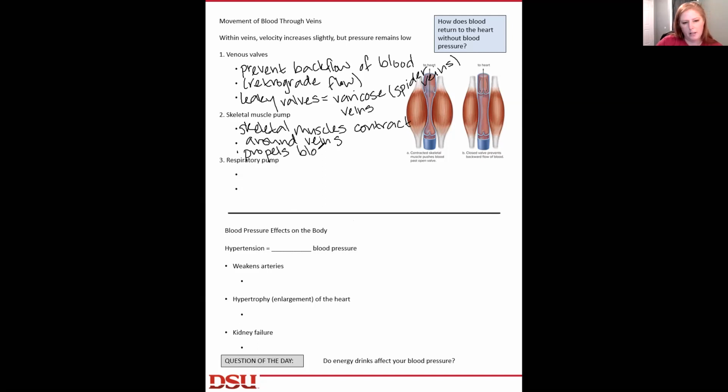Propels the blood upward. That's a P. The respiratory pump. This is actually a pressure thing, like a vacuum type thing.